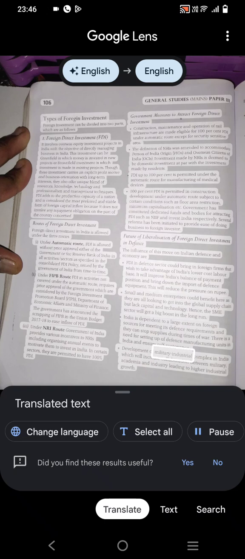Development of a military-industrial complex in India, which will increase collaboration between military, academia and industry, leading to higher industrial growth.